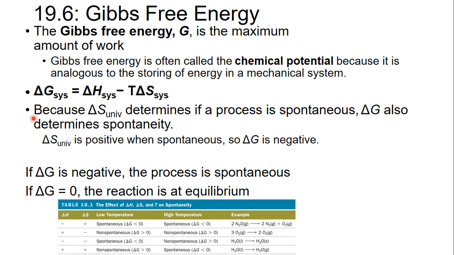This is the Gibbs free energy equation. And for Gibbs, if delta G is negative, that means that reaction is spontaneous. If delta G is positive, non-spontaneous. If delta G is 0, then equilibrium.